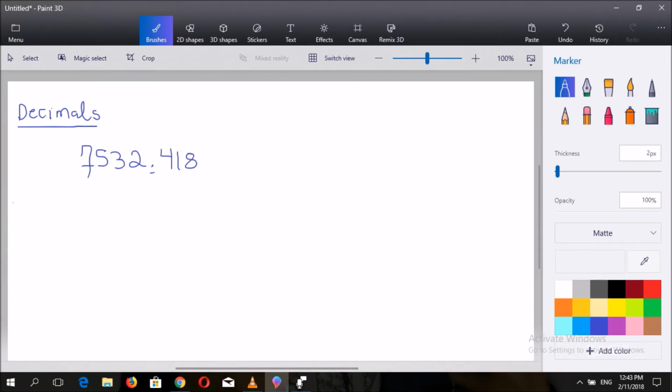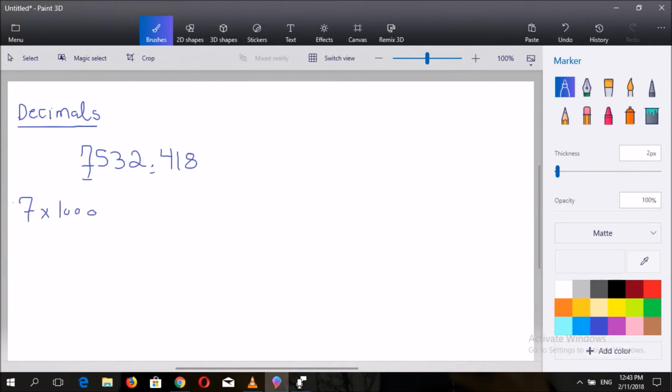We mentioned the word decimals when we talked about the concept of rational numbers, and we said that any number that has a decimal point is called a rational number and is also called a decimal number. So 1.5 is considered to be a decimal number as well.